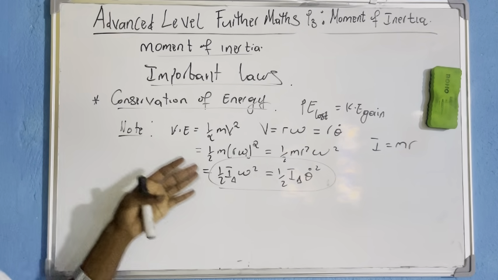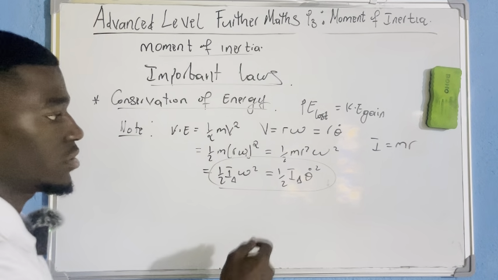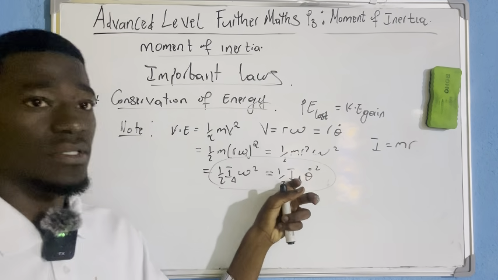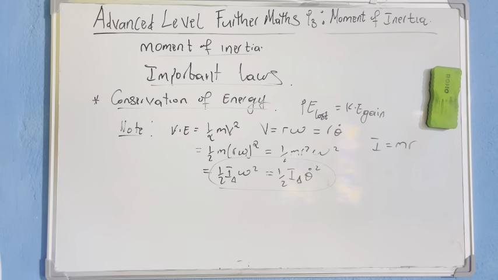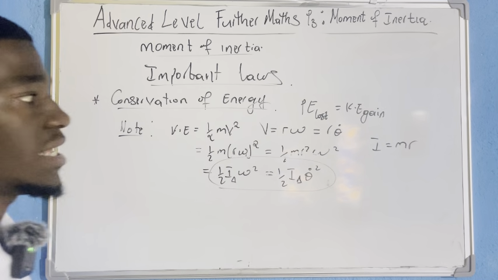So that is it about kinetic energy. For a body undergoing rotational motion, it is half moment of inertia about an axis times theta dot squared or omega squared. It depends on you. That is the first law you should master, the law of conservation of energy.